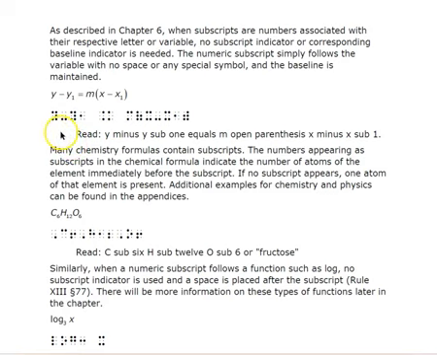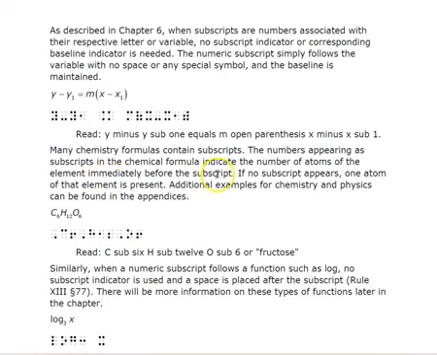So we've got a y minus a y and then a 1 right after it. Okay? We've got an equals, then we've got an m, parentheses, x minus x, and a 1, which is like a subscript. Okay?